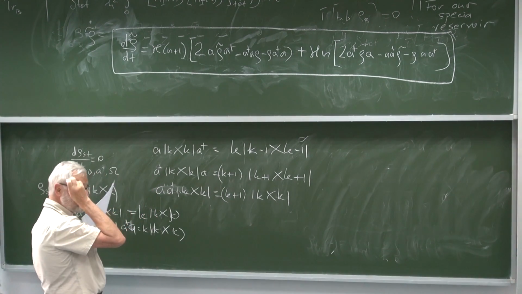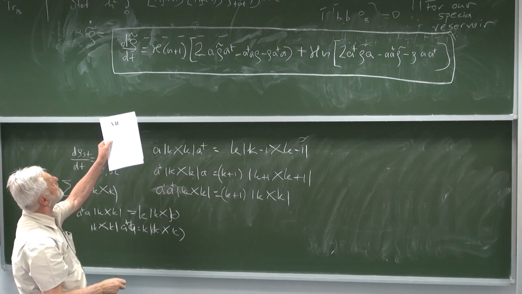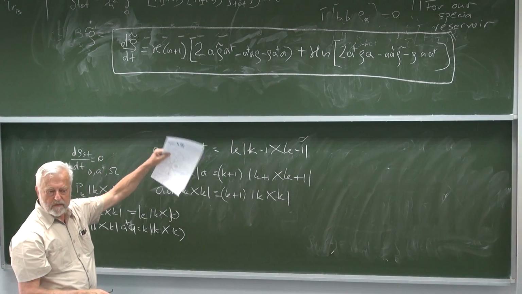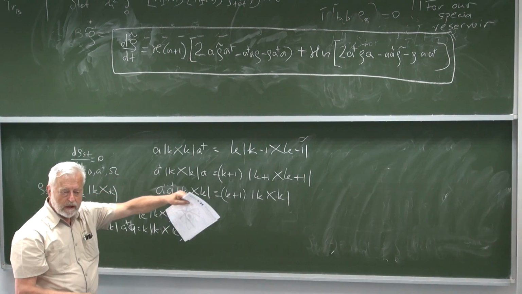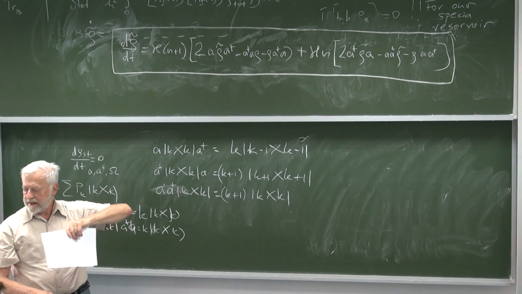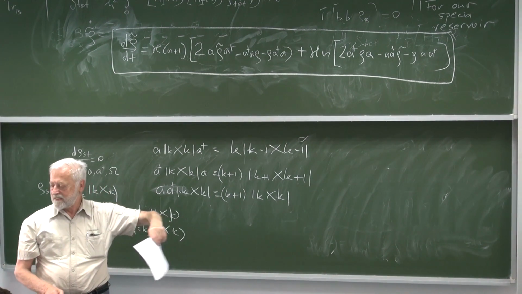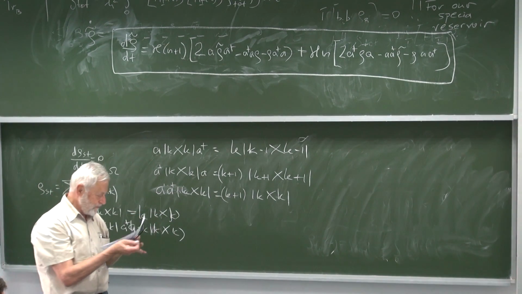If I equate it to 0, we can immediately notice that kappa I can drop, yes? Nothing depends on how quickly the system is talking to the reservoir. The final state will not depend on that.